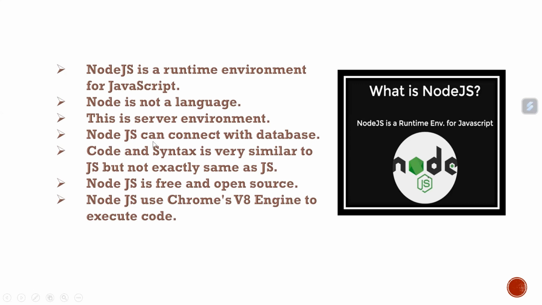The fourth point is that Node.js can connect with a database. Node.js acts as an interface to connect a normal client with the database. I think the database is in my next slide, so I will cover it when it comes. My fifth point is that code and syntax are very similar to JS, but not exactly the same.